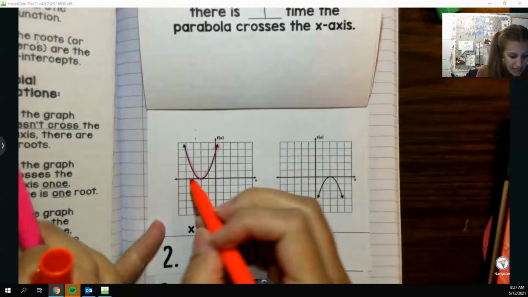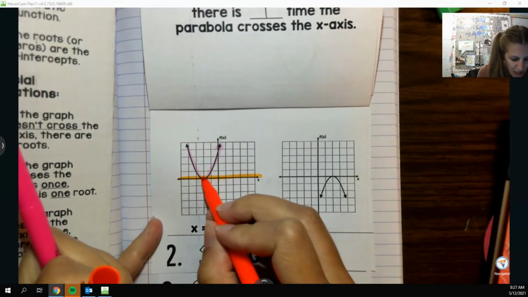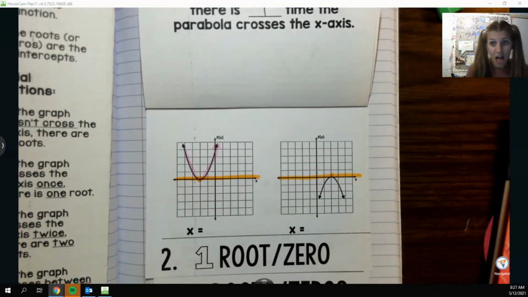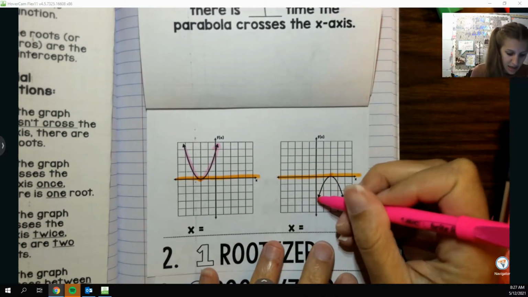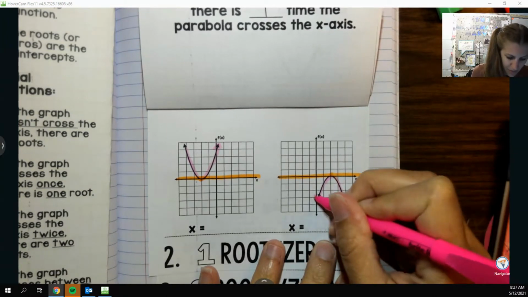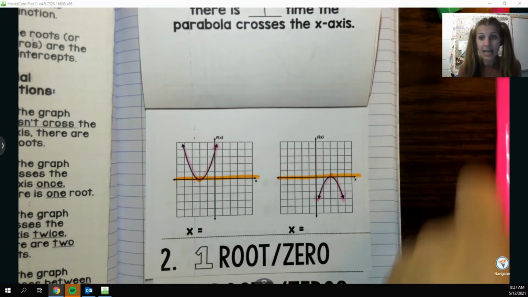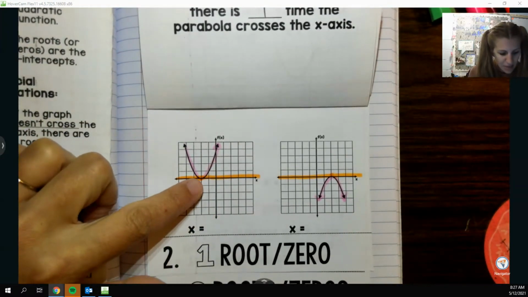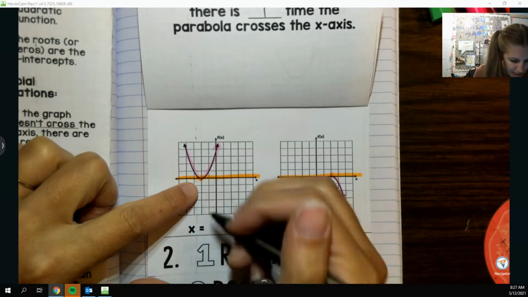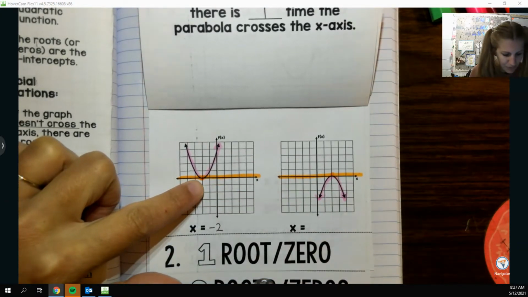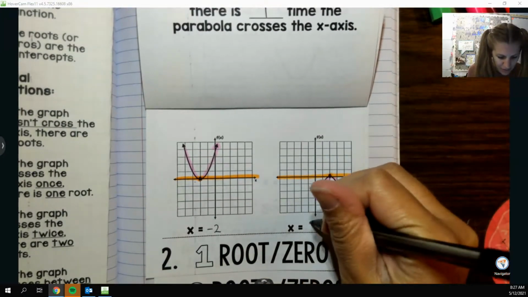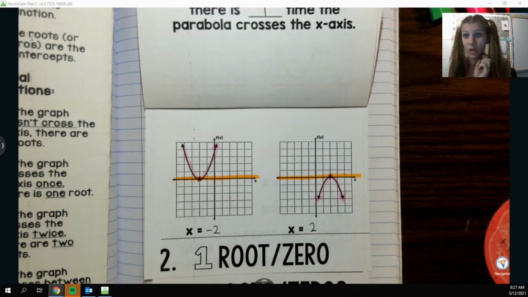So basically the vertex of my parabola is on the x-axis. Okay, so in this case, when I'm trying to solve for x, I'm going to look for just the x value that the parabola is touching, and here it's touching at -2, right here, and here it's touching at +2. And so in this case, we only have one solution because it's only touching one time.